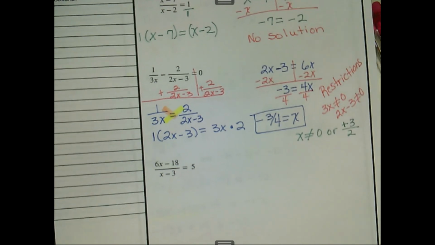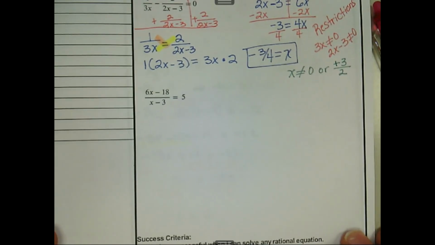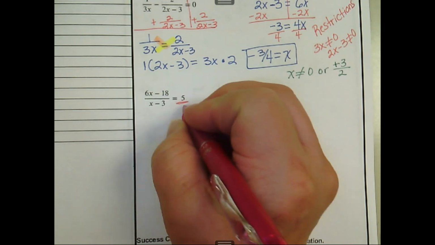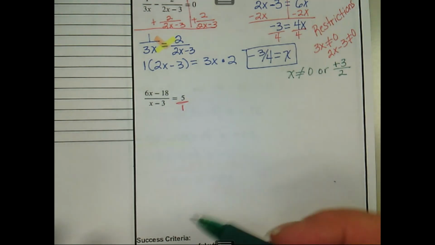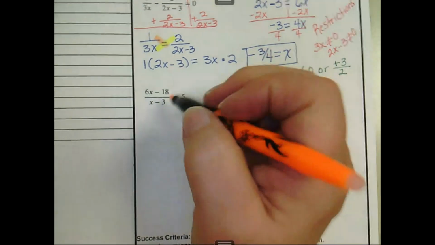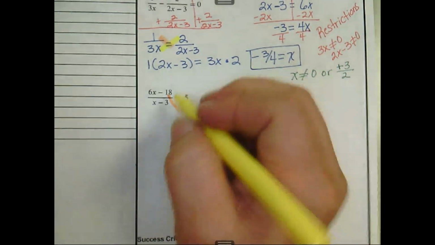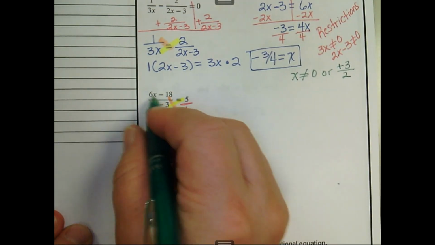For the last one, once again, to set up those equivalent fractions, this will be over 1. So I've got 1 times 6 minus 3x, or 6x minus 18.